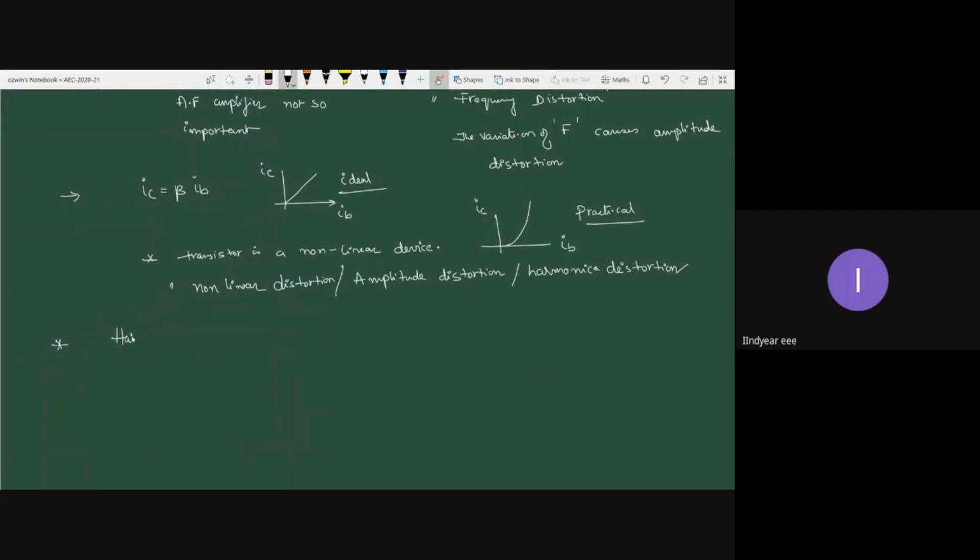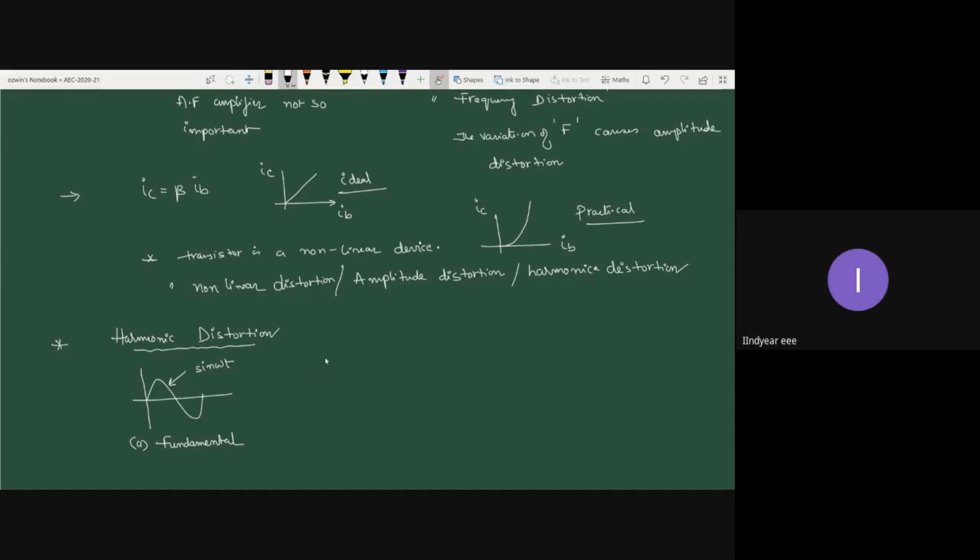Let me talk about harmonic distortion. Let's say this is my fundamental frequency component, whose description is sine omega t.